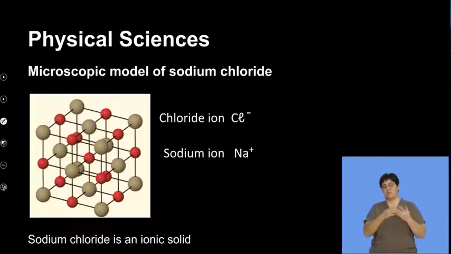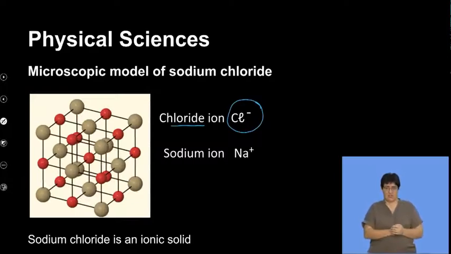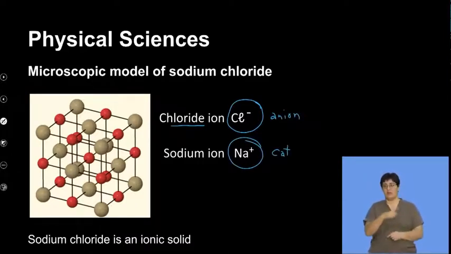And then also, the microscopic in terms of the particle nature of sodium chloride. It consists of ions of chlorine as well as of sodium. So chloride ions have got a negative charge, okay? So these ions, we call them anions. Any ion that has got a negative charge is called an anion, while those that are positive are called a cation, right?